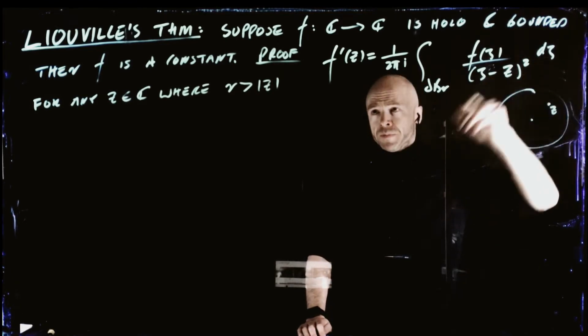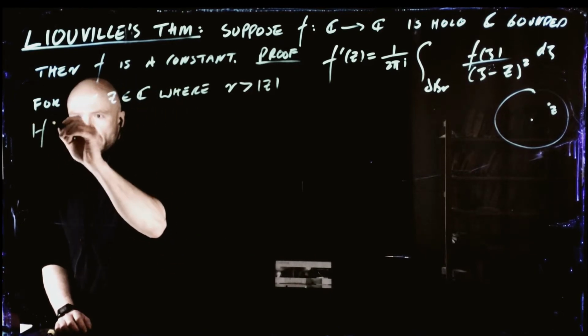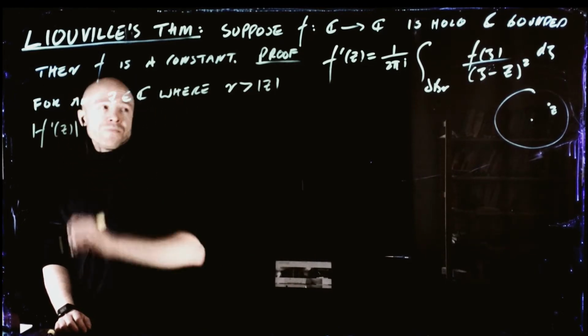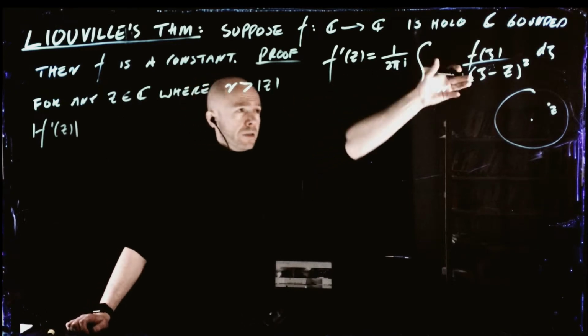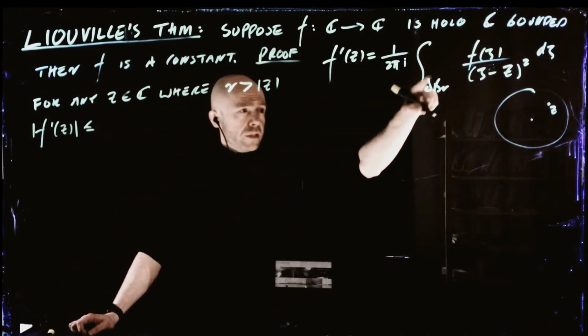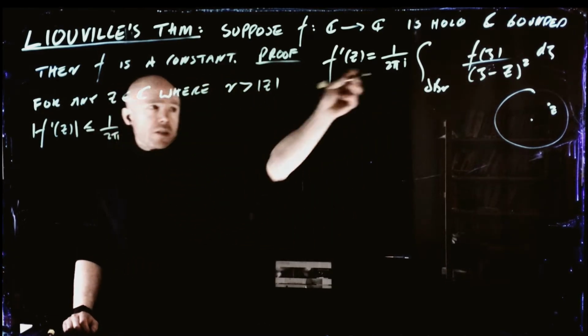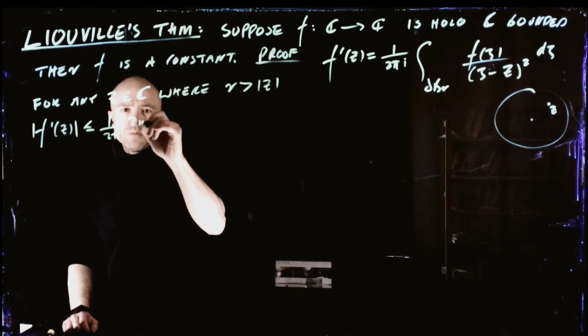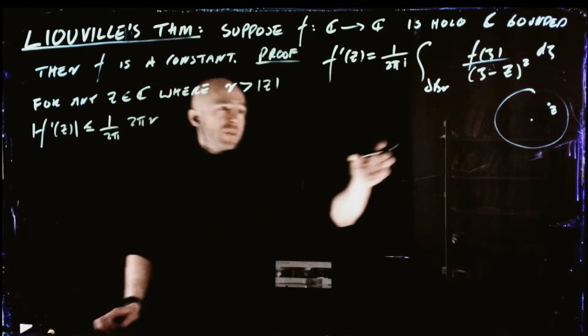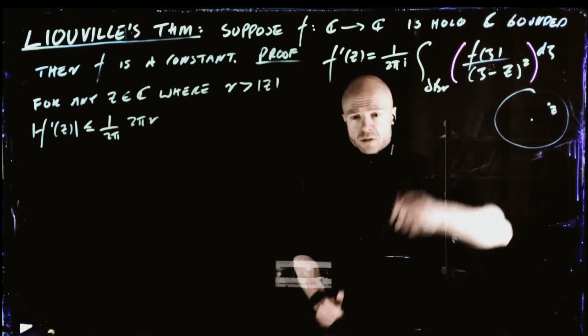So what can we do? Well, if we estimate the absolute value, then as we've learned, we can estimate this by the length of the curve. So we take the 2 pi from here, and then we have this 2 pi r from the length of the curve, and then the supremum of this expression over the curve.